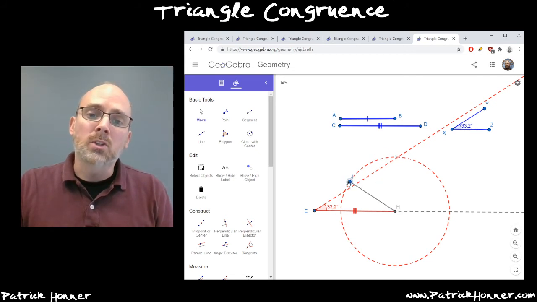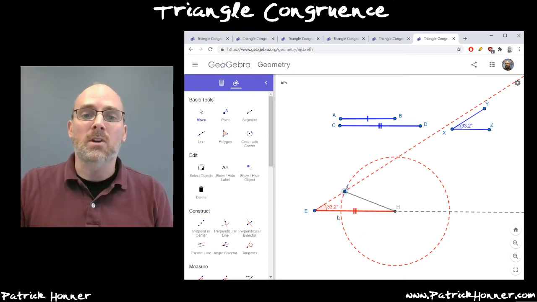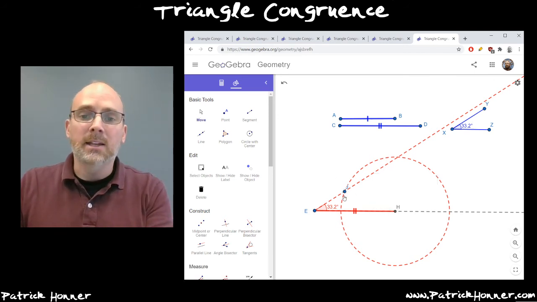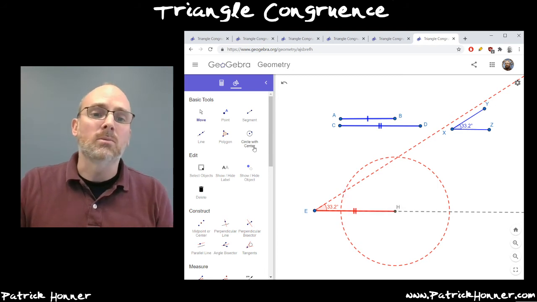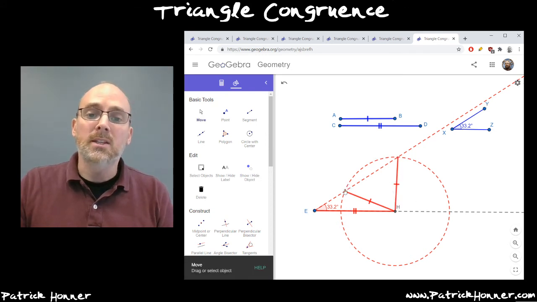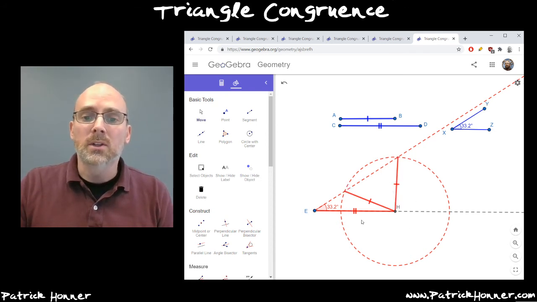I could also put the point there, and that would give us a different triangle that has these two sides and that angle. And so side-side-angle is not a congruence condition because you could get these two triangles, this one and this one.